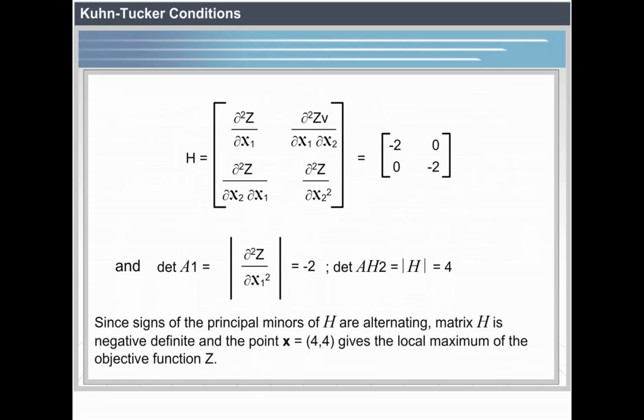Since the signs of the principal minors of H are alternating, matrix H is negative definite, and the point x = (4, 4) gives the local maximum of the objective function z.